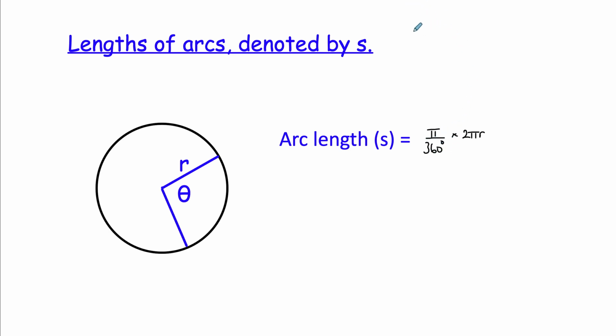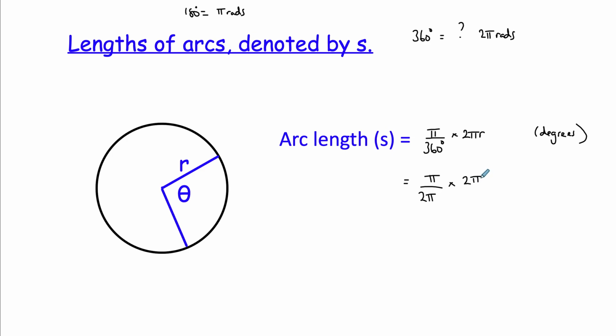If we can convert the 360 degrees into how many radians that's equivalent to, then we can put that value in instead, and you'll notice something very useful happens. We know that 180 degrees is equal to pi radians, so 360 degrees is 2 pi radians. So if I just swap in 2 pi for my 360, then what happens?